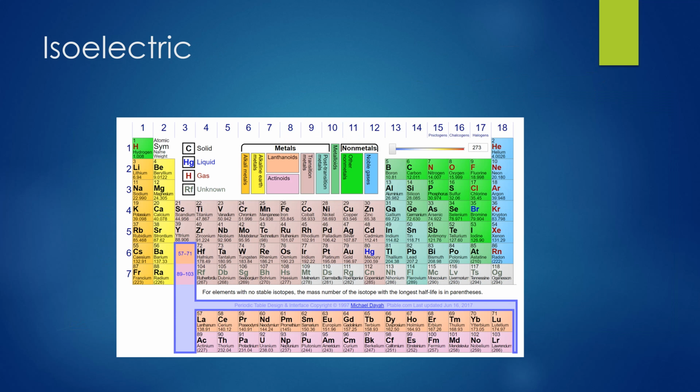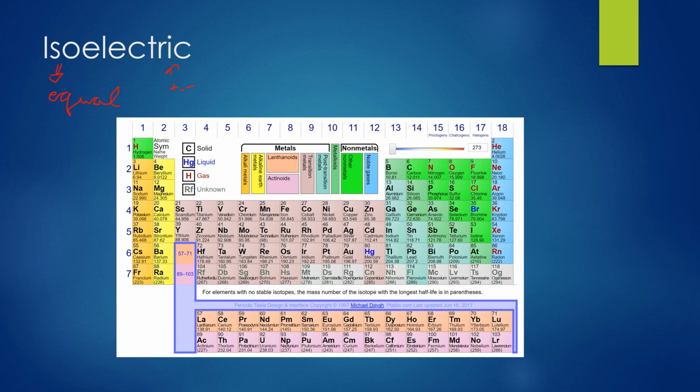Now, when we looked at chlorine, and we did chlorine minus when we got to argon, this concept is known as isoelectricity, or you could say that chlorine is isoelectric to argon. Iso means equal, and then electric has to do with the charge, plus or minus.